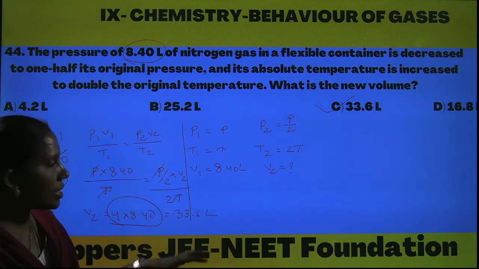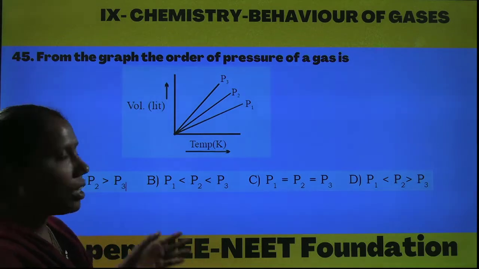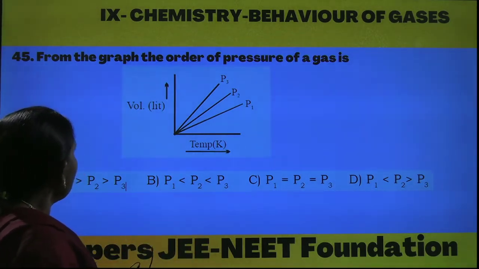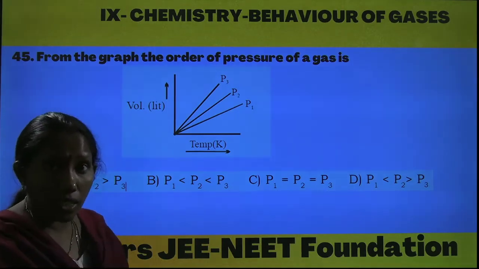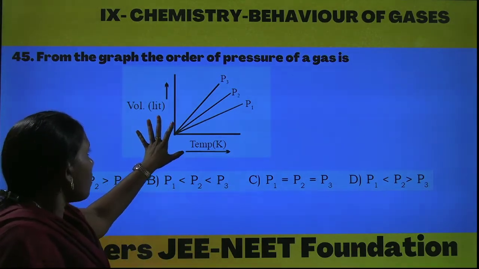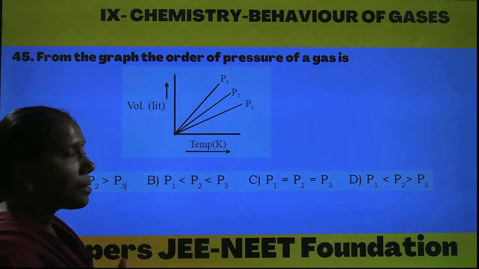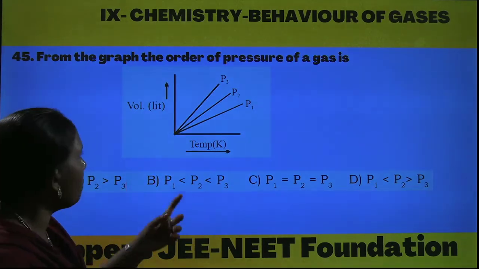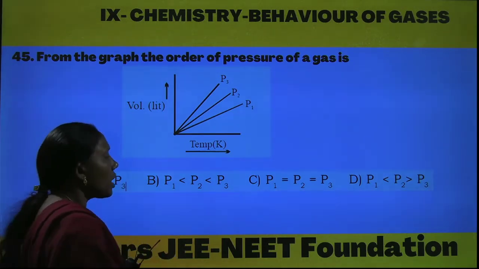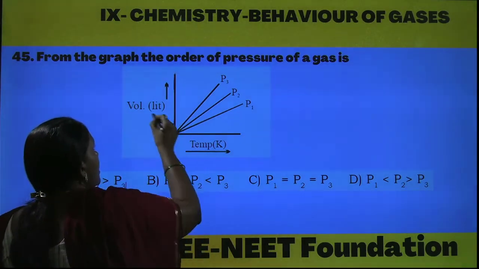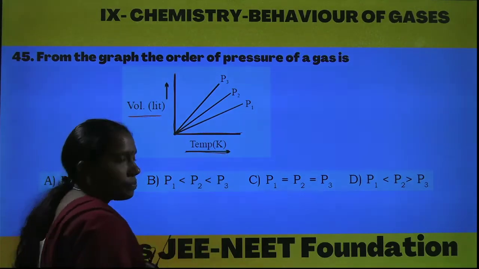Okay, let us see the next question. See here some graph is given. Let's see what the graph is. From the graph, we have to find the order of pressure of a gas: P1, P2, P3. On one axis it is volume, on another axis it is temperature, right?